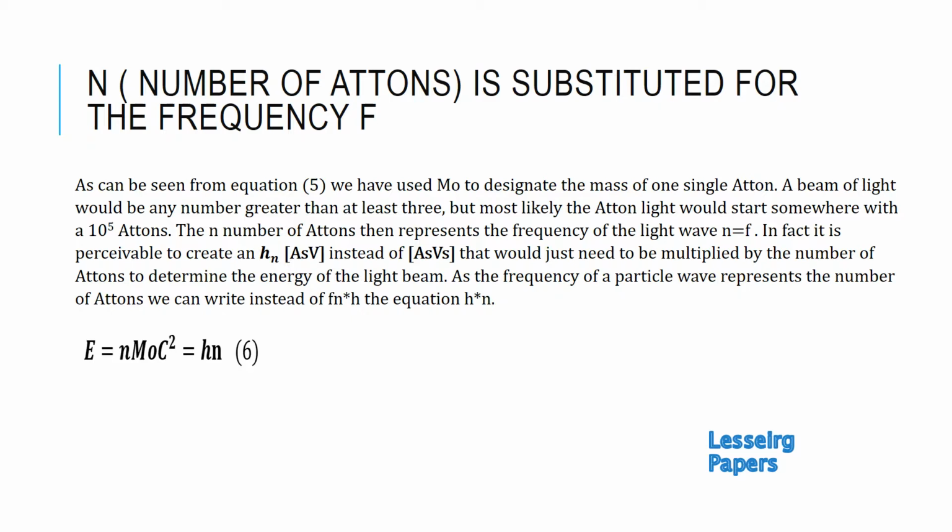And as you can see, n is directly correlated to the frequency. And this is why you could postulate that the Planck quantum actually has the wrong dimension. The Planck quantum should be ampere second volt instead of ampere second volt second.